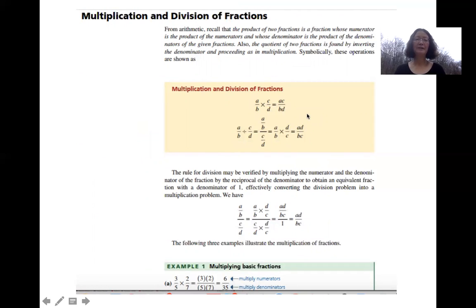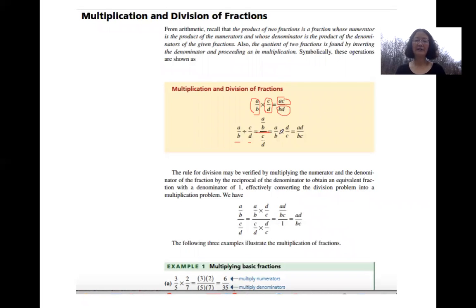This is multiplication and division of fractions. A over B is a fraction, C over D is another fraction. If you want to multiply those two fractions, numerator is multiplied by numerator, and denominator by denominator. If you do the division, A over B divided by C over D, first you put the division into the long bar here, which also means division.